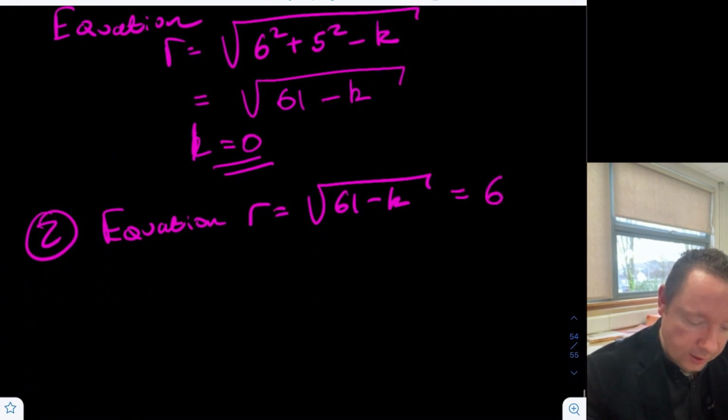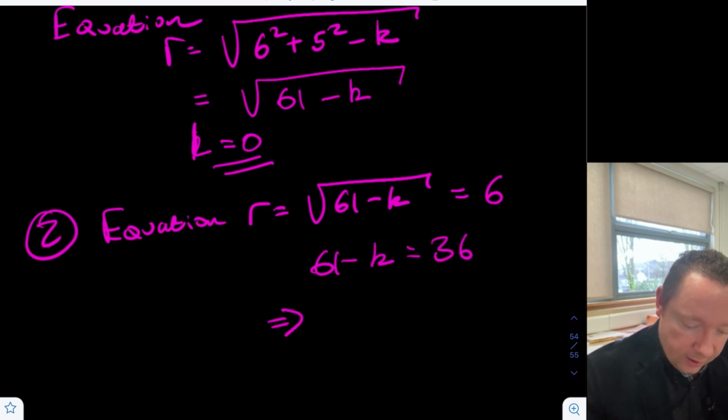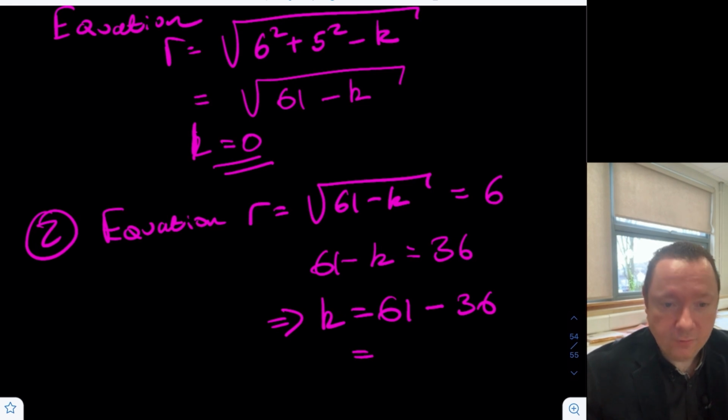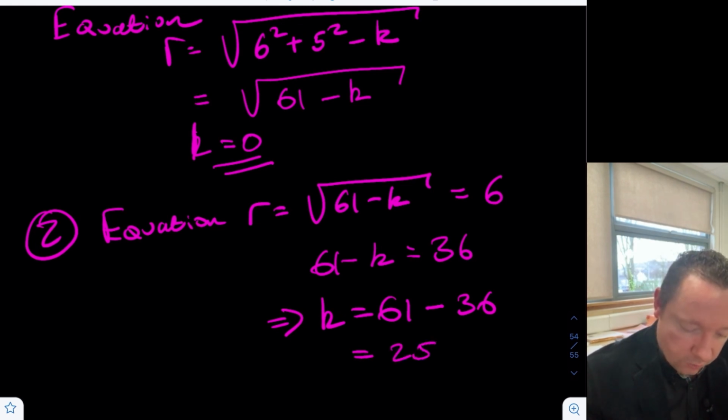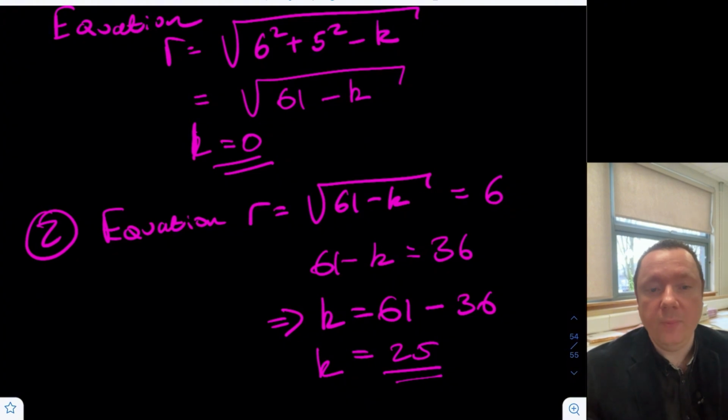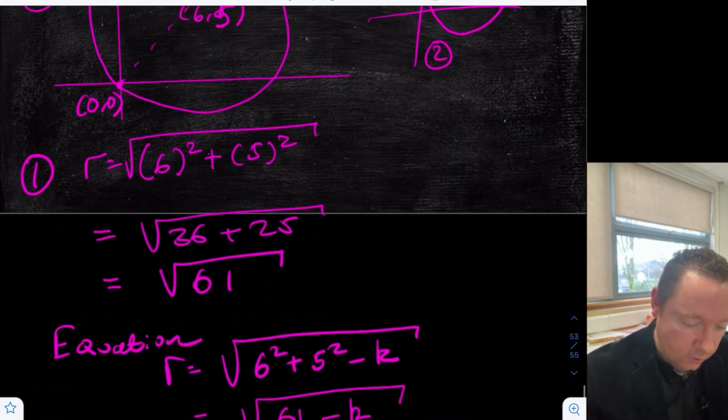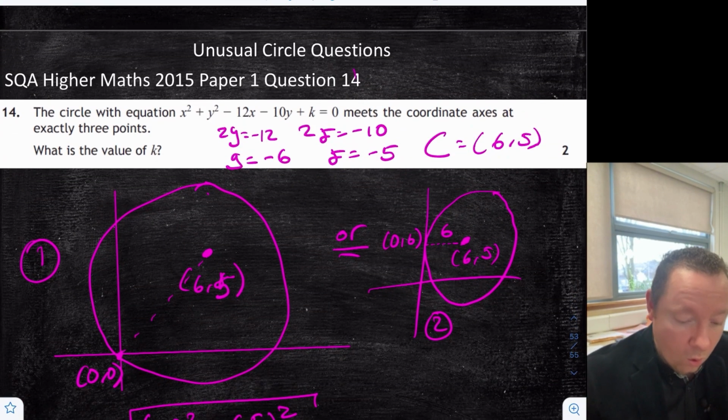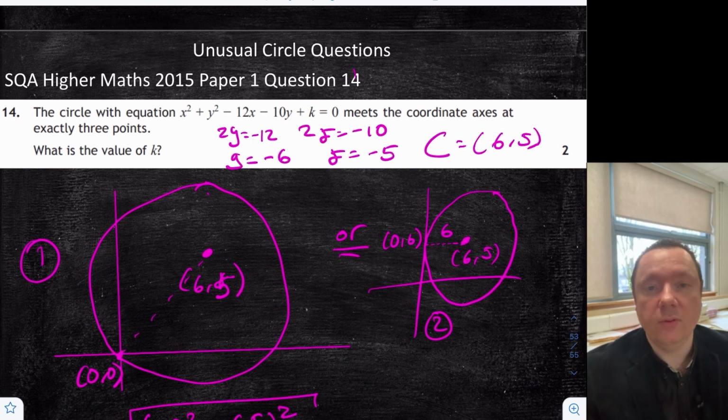Square both sides, we get 61 minus k equals 36. So that means that k equals 61 minus 36, which is 25. So there's our two options for k. k could be 25 or k could be 0, depending on what exactly is happening in this question.